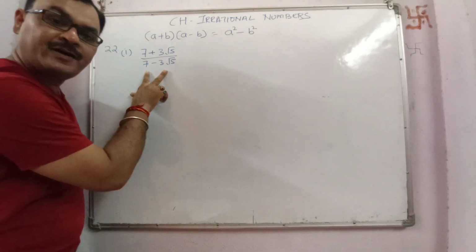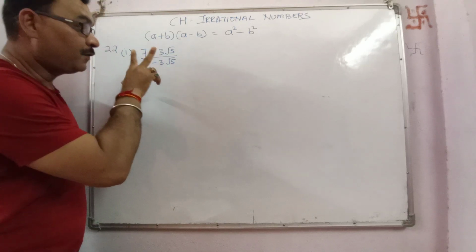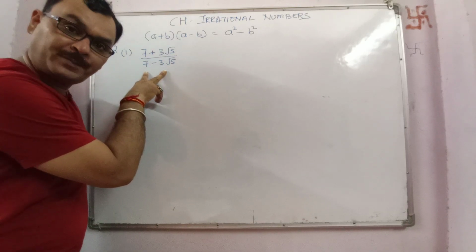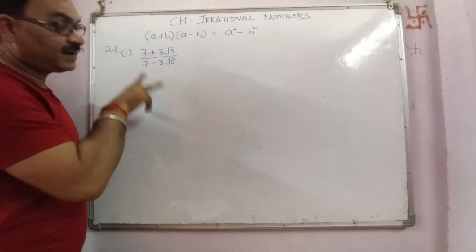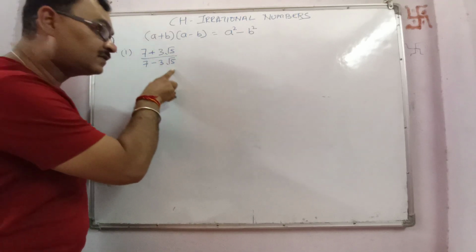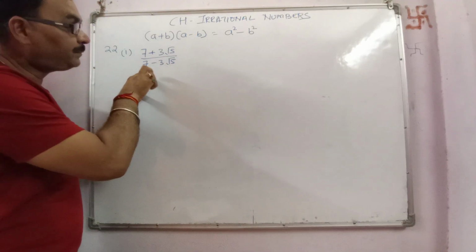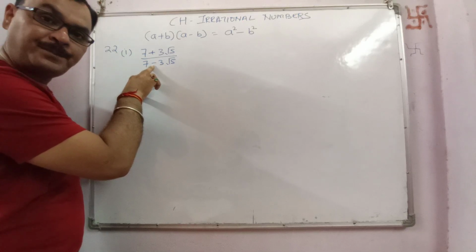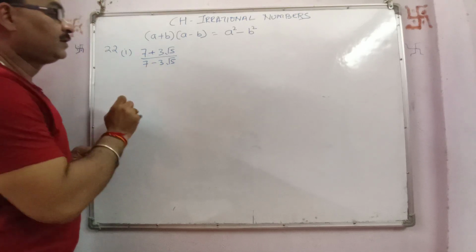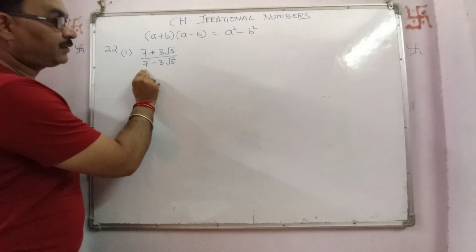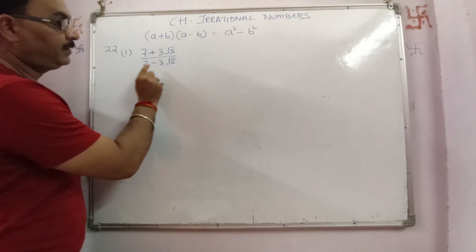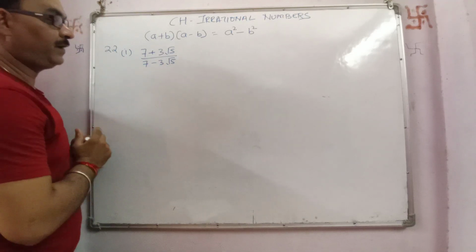I'm saying it one more time. We need to rationalize the denominator, which is a binomial. So its rationalizing factor will contain the same terms except the change in the middle sign. So the rationalizing factor of 7 minus 3√5 will be 7 plus 3√5.